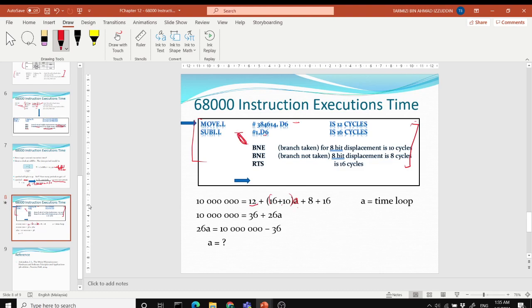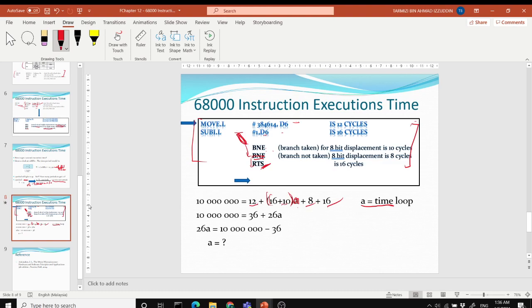So 16 is SUBI, then you have your BNE as 10, because if you keep on looping, we multiply it by A, which is the number of loops. Once the loop has been executed, you will go down to the branch not taken part, which requires 8 cycles, and then we execute the return to subroutine command, which requires 16 clock cycles.